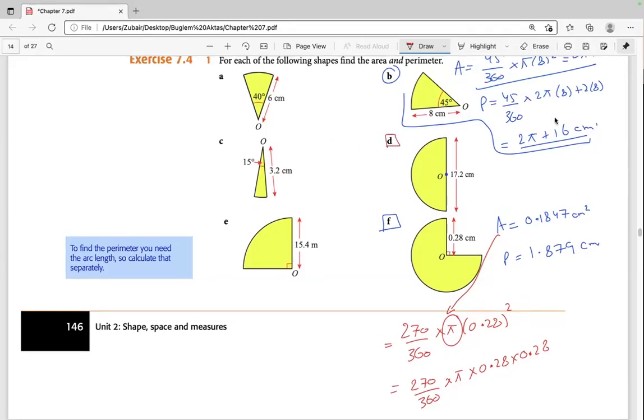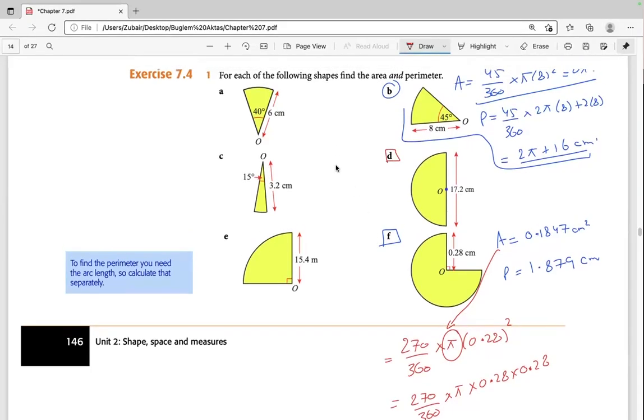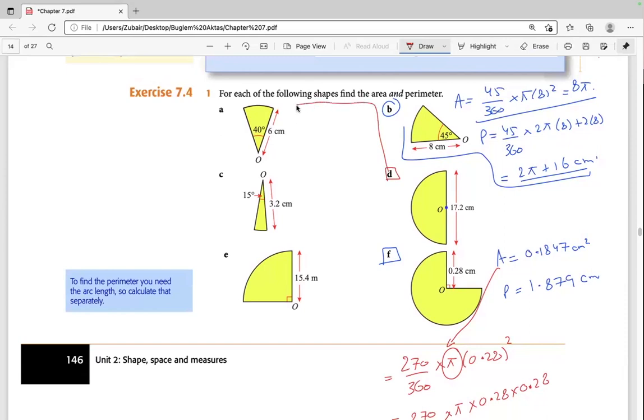That is D part, area and perimeter. So would the area be 116.1 pi?